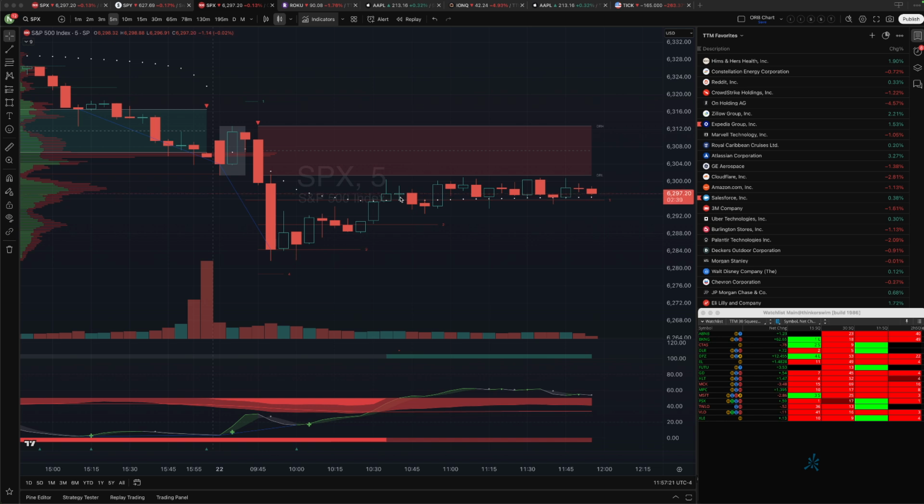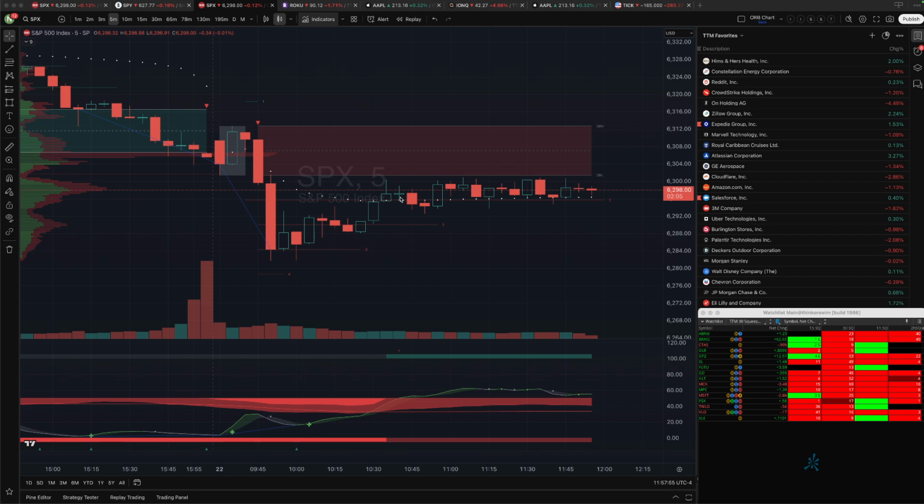But 60% of your profits from trading those two vehicles are taxed at a long-term capital gains rate, and 40% is taxed at a short-term capital gains rate. They both have 0 DTE, which I want to play. So there's just advantages to playing those over the SPY. In my opinion, the SPX is more expensive, is higher risk.